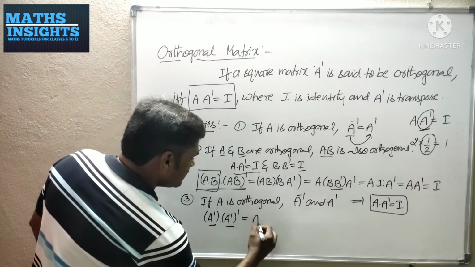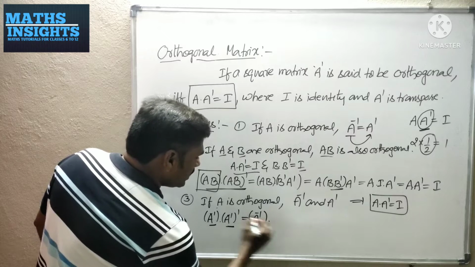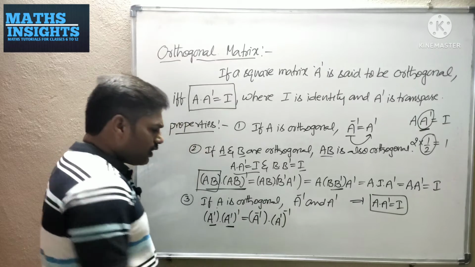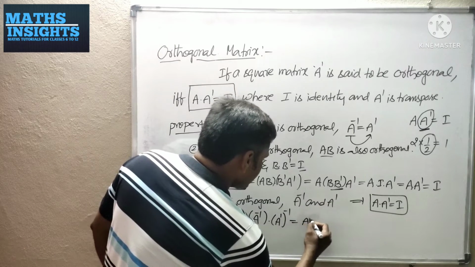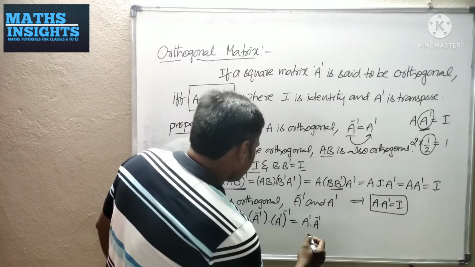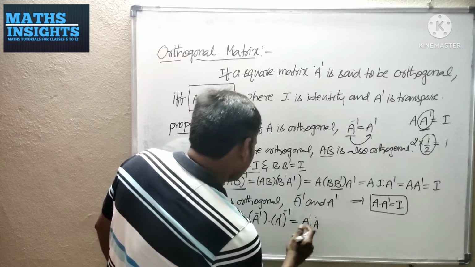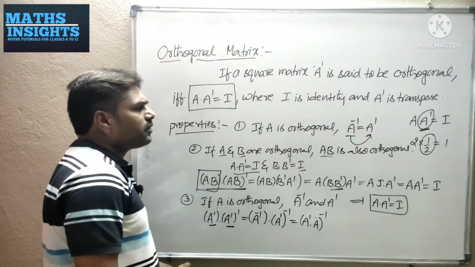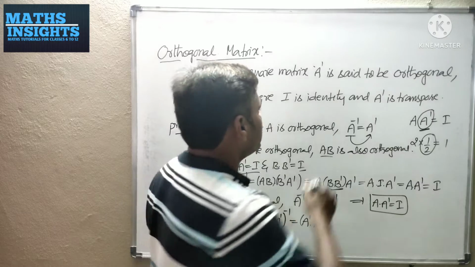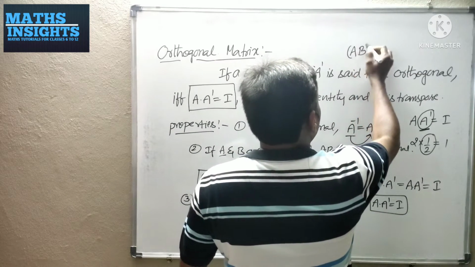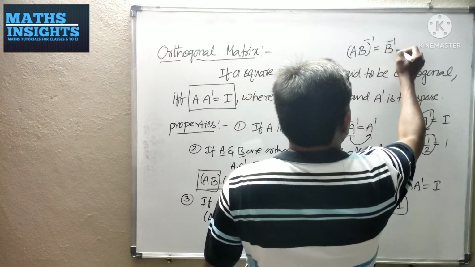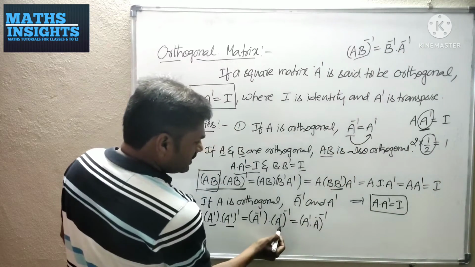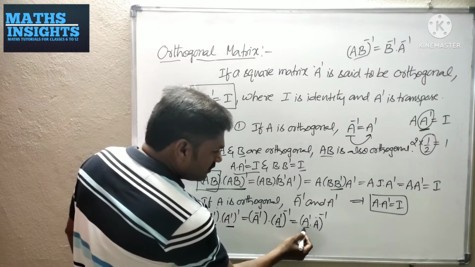You can write this as A inverse into, this can be written as A dash whole inverse. Now this can be written as A dash into A whole inverse. If you remember AB whole inverse is equal to B inverse into A inverse, you have to write in reverse order. So A dash is coming in the second place, I am writing it in the first place.